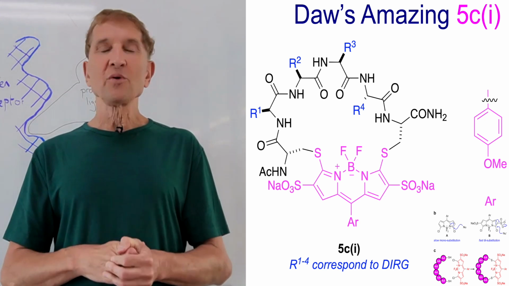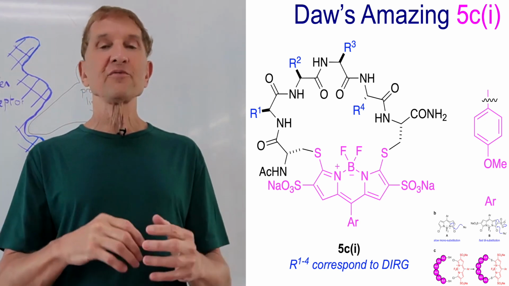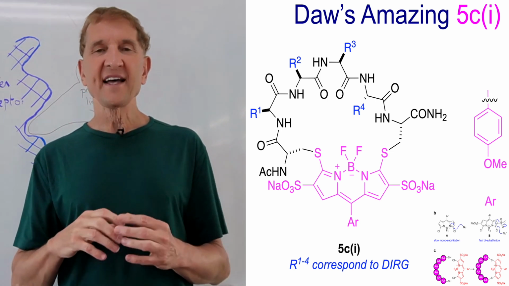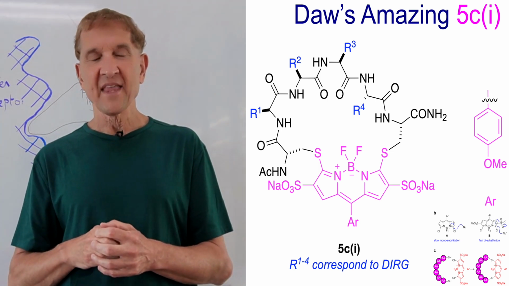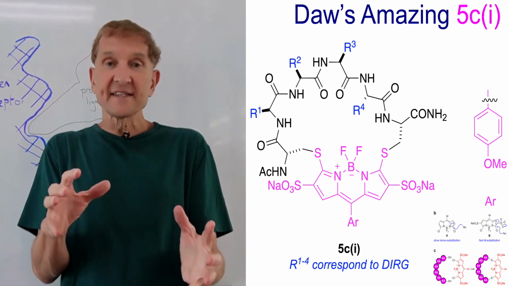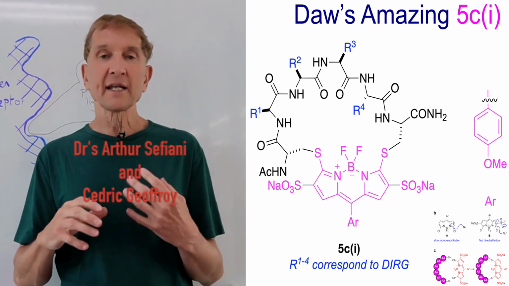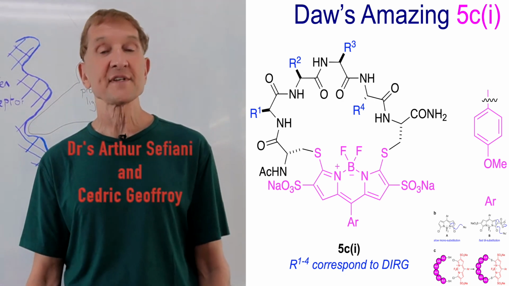We discovered a compound called 5C1. It was discovered by a visiting student from Thailand, Dor, who began at Texas A&M this year as a graduate student. And we call it Dor's Amazing 5C1 because of this assay performed by my collaborators, Cedric and Arthur, at the Health Science Center at Texas A&M.